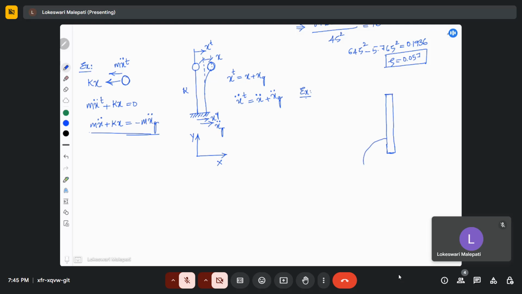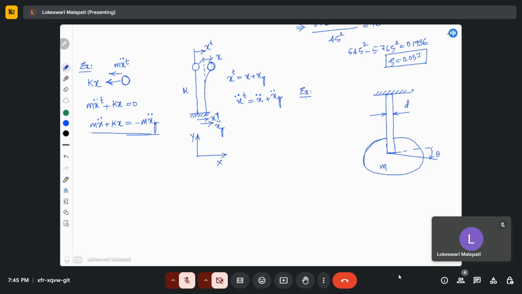So there is a rod of diameter d, which is fixed. And this disc has a mass of m, and then an angular displacement theta is given, and then it is left.